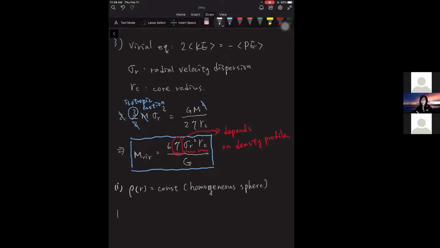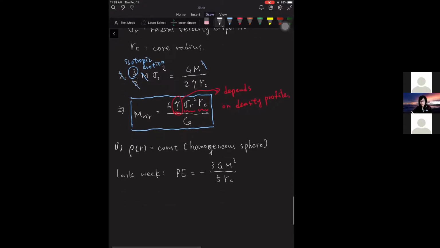Based on last week, we derived that the potential energy of the uniform density sphere is negative 3 G M squared over 5r, right?